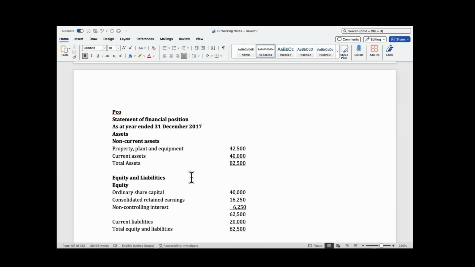That's why we're putting it there, because NCI is not a liability. It's either we put it as liability or equity. If you put it as liability, it means that we are saying we owe him that amount, but it's not like we owe him.